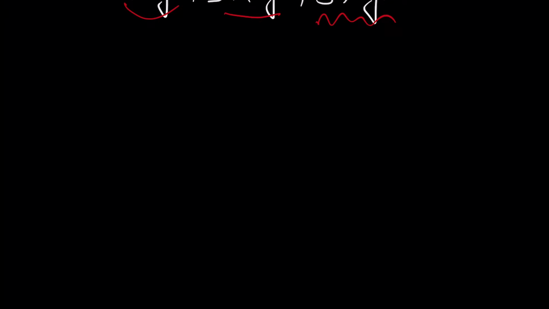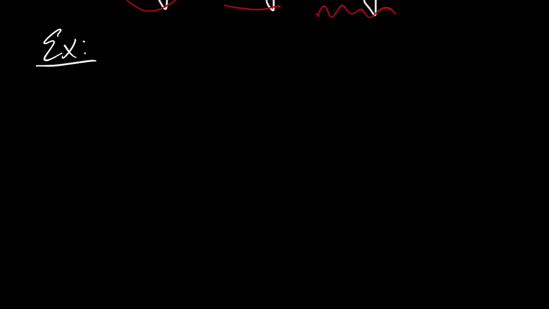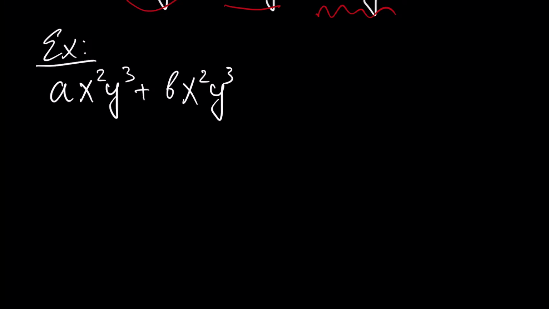And we will give examples of taking a common factor. For example, we have a sum of monomials: a x squared y cubed plus b x squared y cubed plus c x squared y cubed.